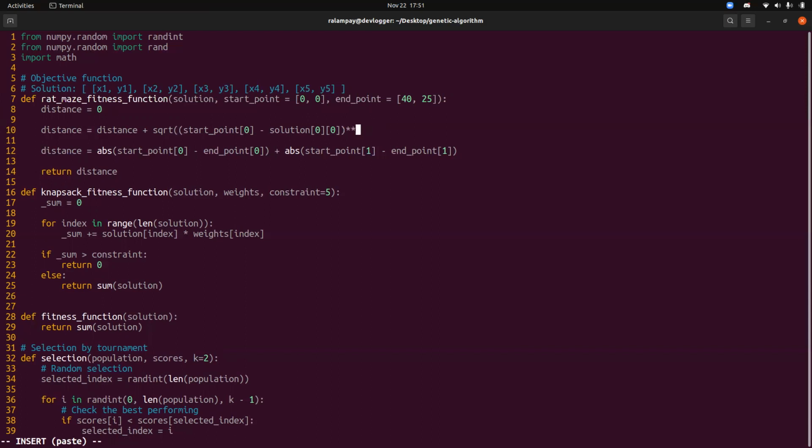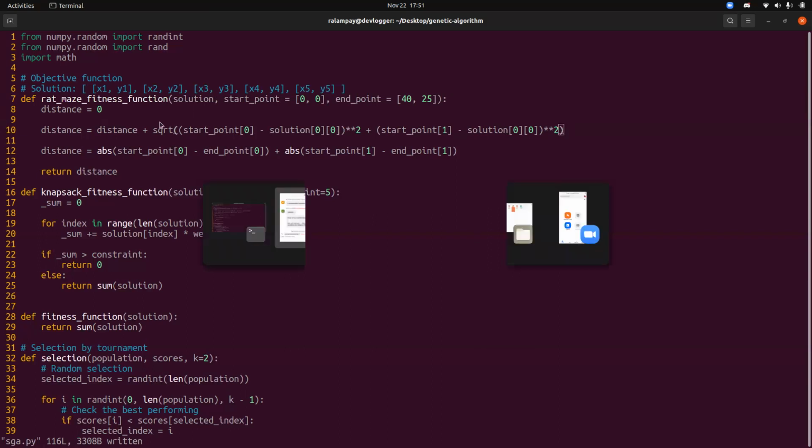Something like this. Plus start point at the second element minus solution 0, 0. You need to square this as well. And then we square root it. So it's like saying, going back to the drawing board.